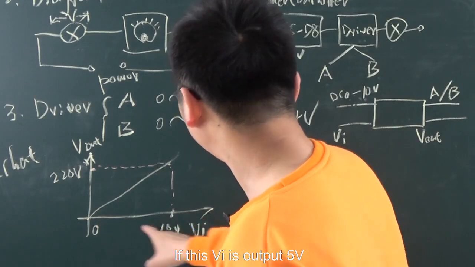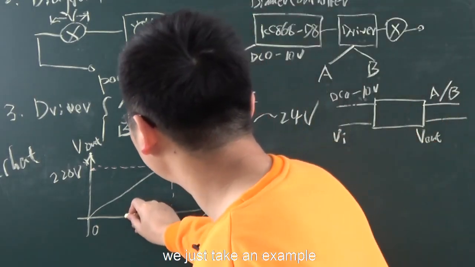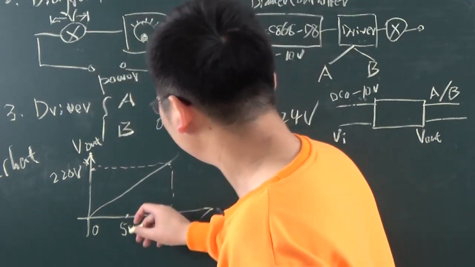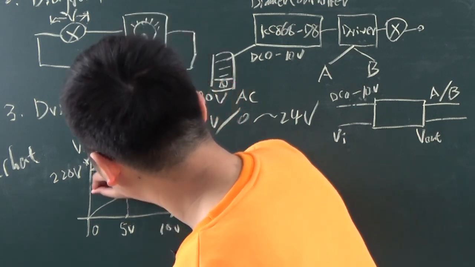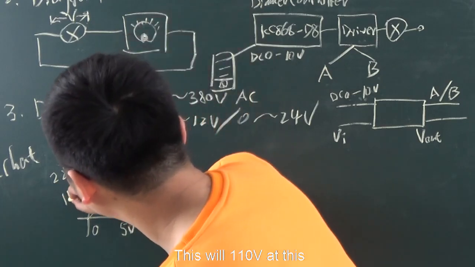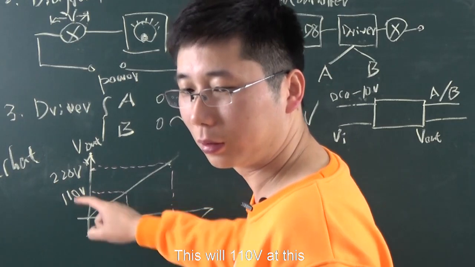And if V in is 5 voltage, just as an example, you can see this line, and the output will be 110 voltage at this point.